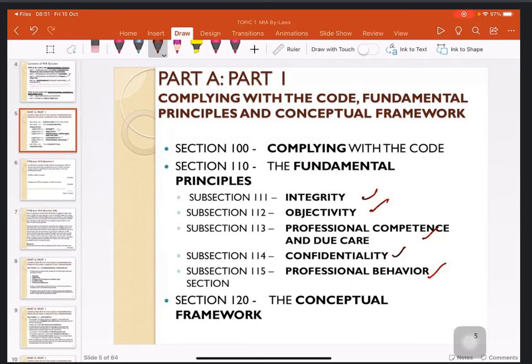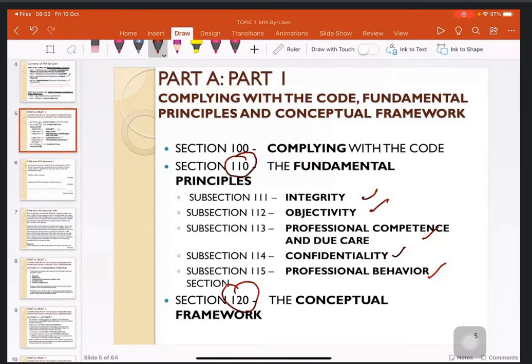Yang penting dalam section 100 adalah kat sinilah section 110 as well as section 120. Section 110 is the fundamental principle. Sekejap kelas.